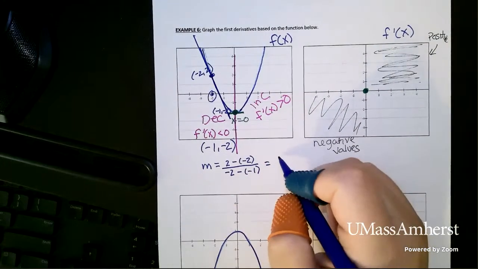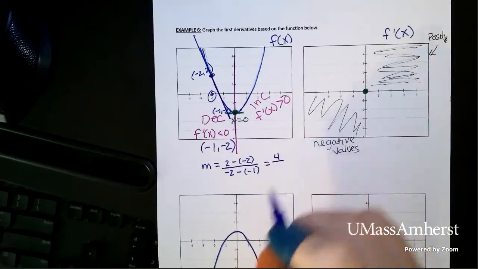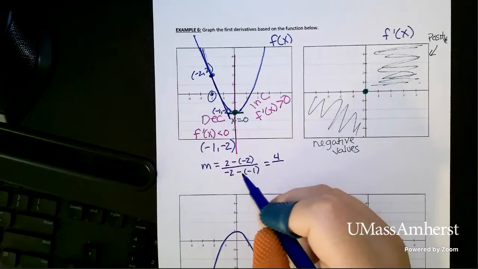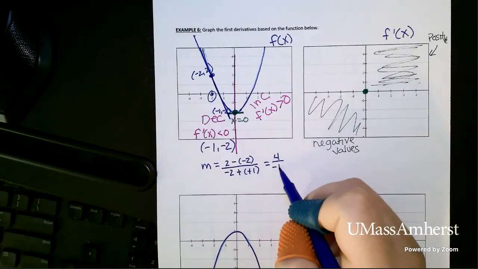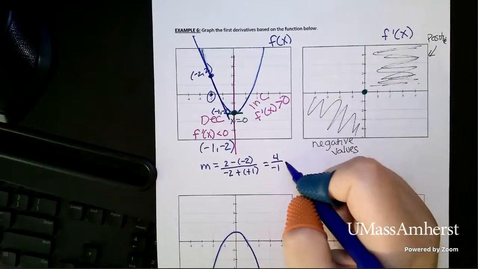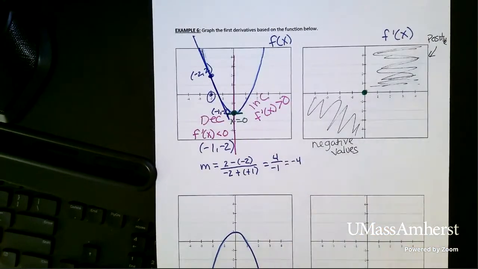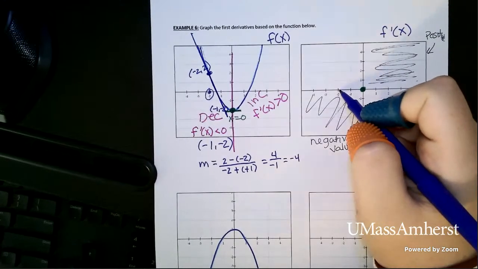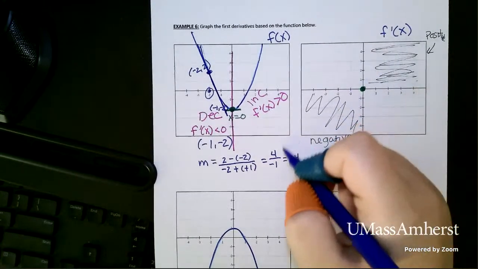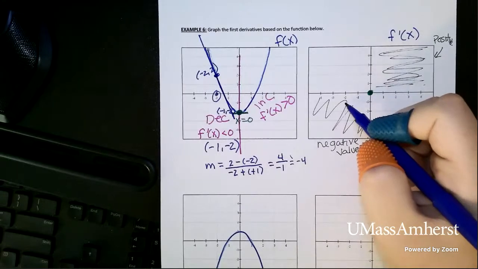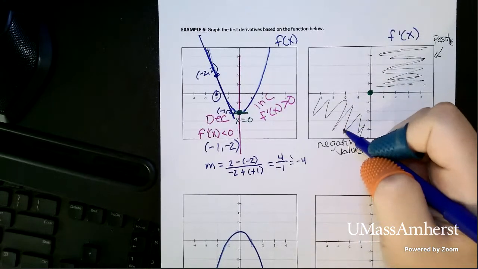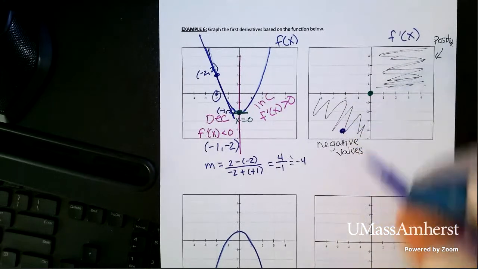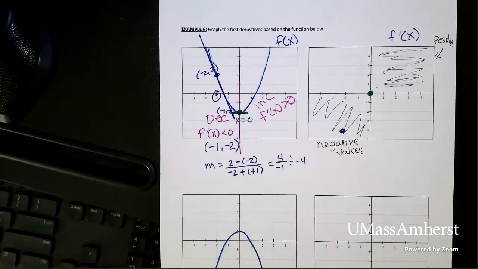So 2 minus negative 2 is positive 4. Negative 2 minus negative 1, those are going to cancel, that gives me negative 1, which gives me a negative 4 value. So I come over here and I go negative 1, negative 2, and I know the y value, which is the slope, has to be negative 4. Negative 1, 2, 3, 4.